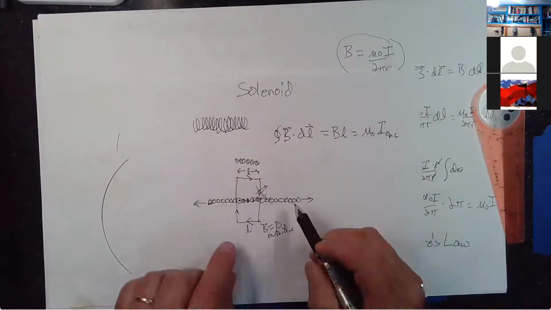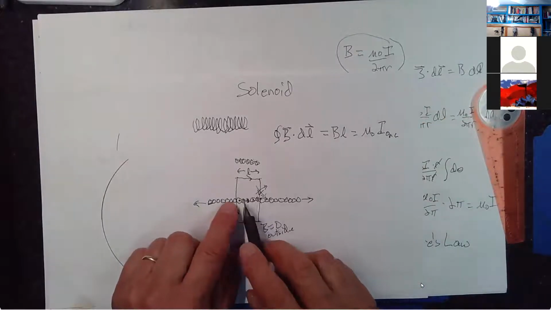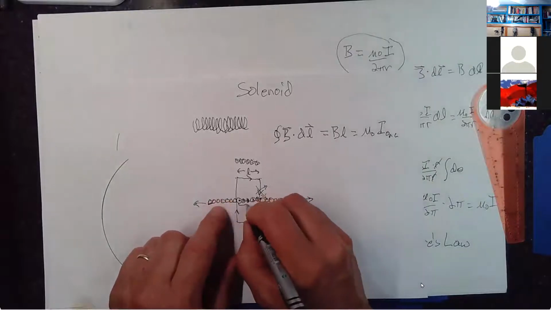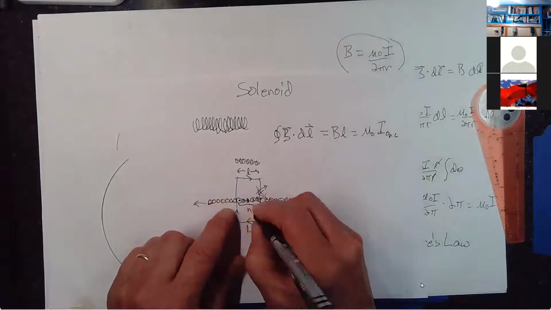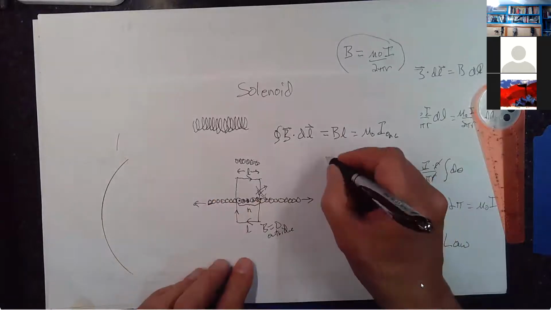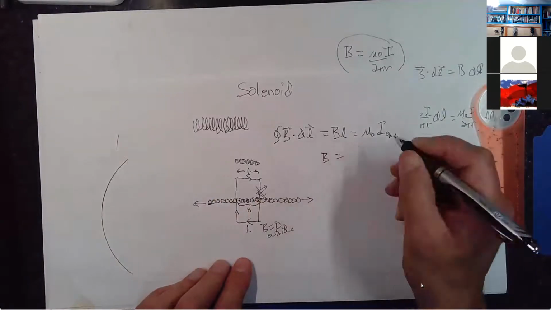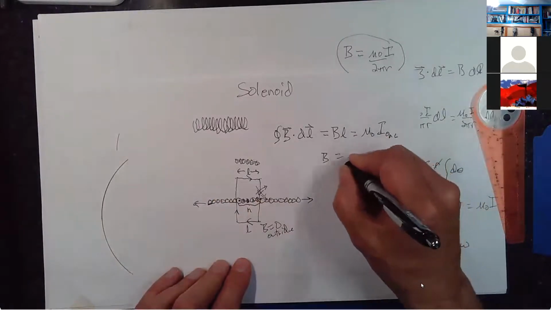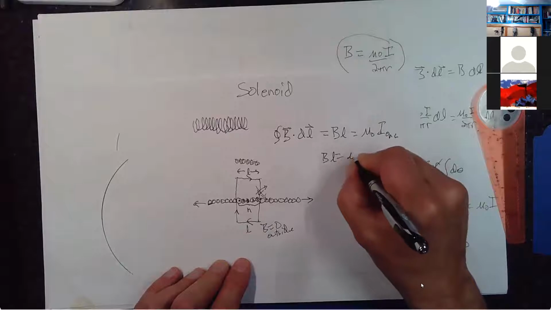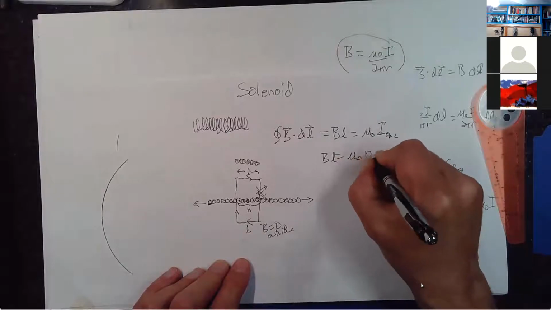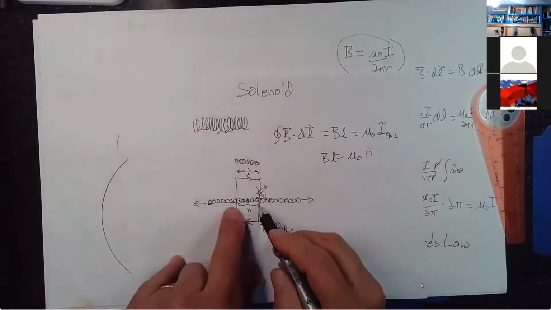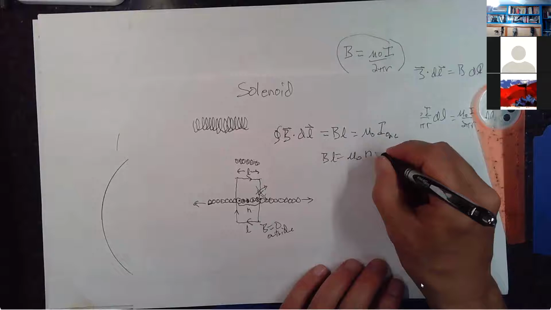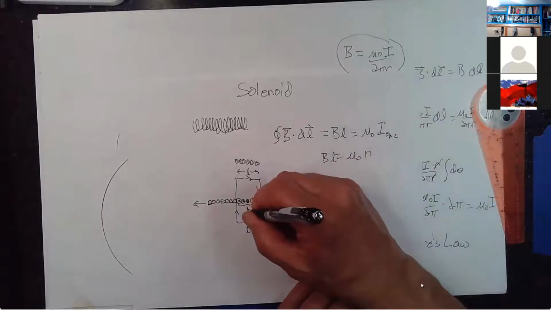Well, how much current did we get? Let's suppose that we have N turns of the current that are inside here. We'll end up with BL is equal to mu naught times N, the number of turns that we had within that. They use a capital N, sorry.